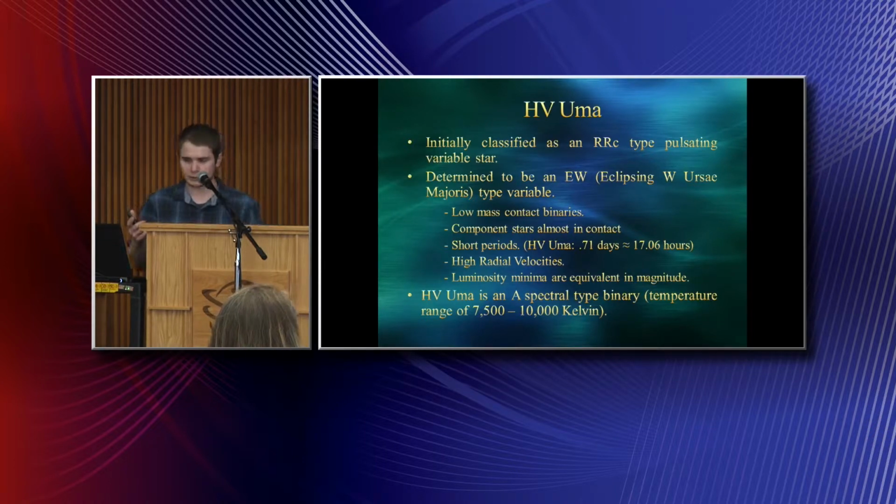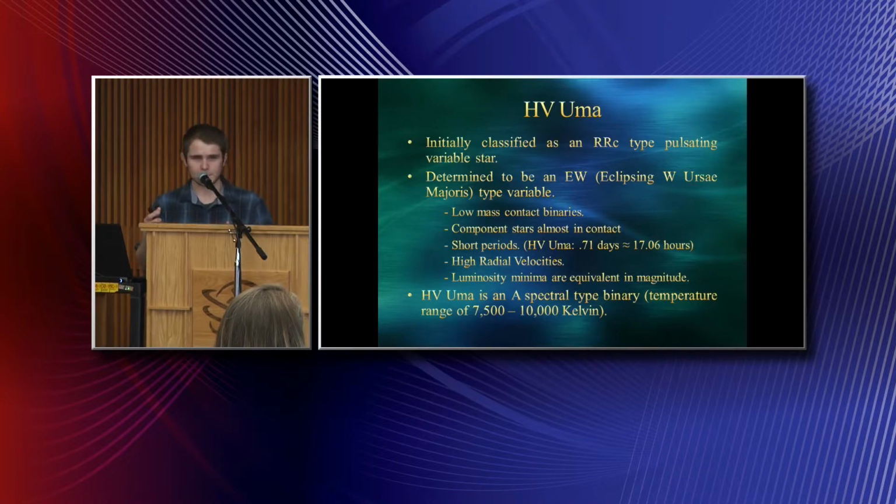Its prototype star, which it's based off of, is the W Ursae Majoris. It has a very low mass and a short period. So this short period was most likely what caused its initial classification for a pulsating type star.